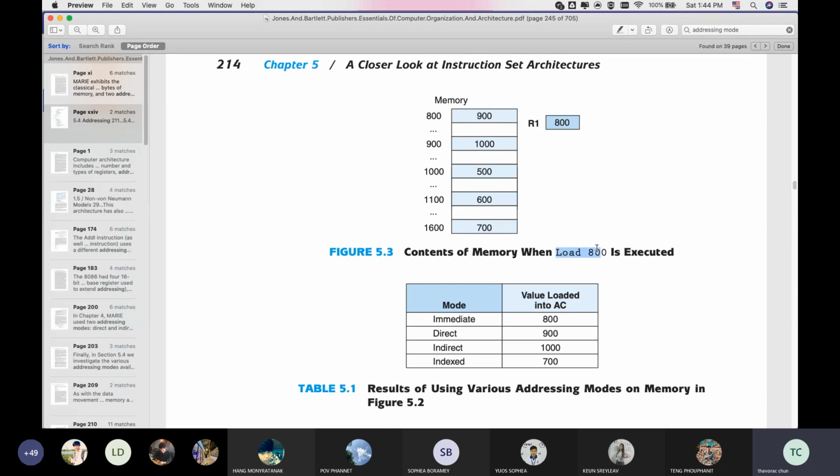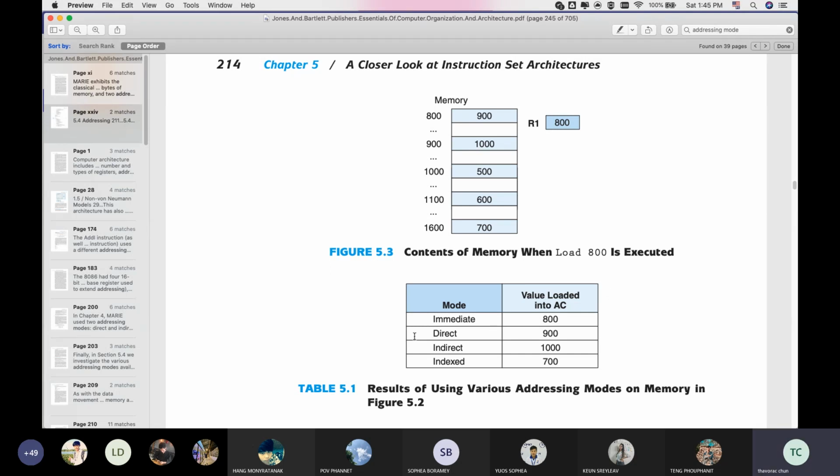I forgot to mention that load is an instruction used to transfer a value to the accumulator. You see here, AC refers to the accumulator. So if it is load 800 with immediate addressing mode, we are moving the value 800 into the accumulator directly.